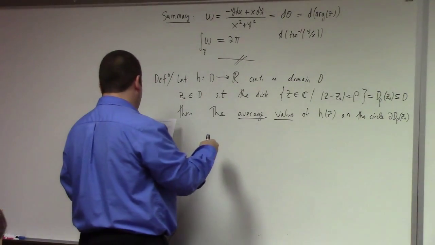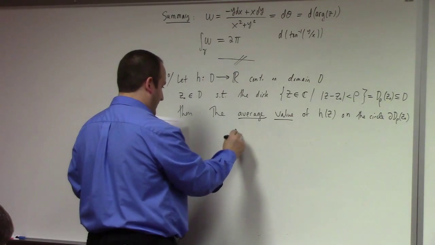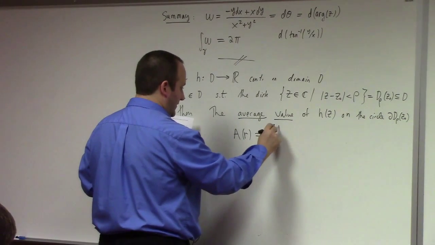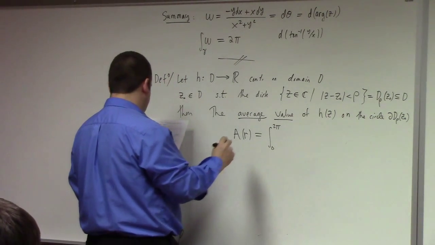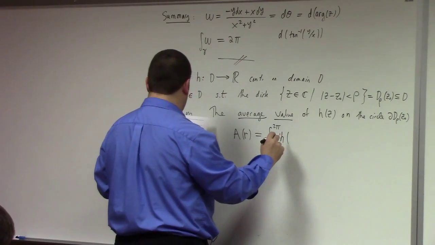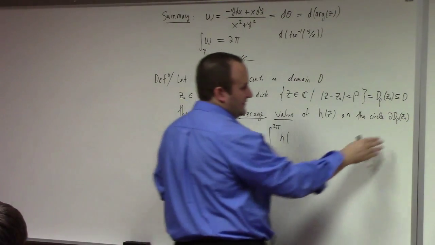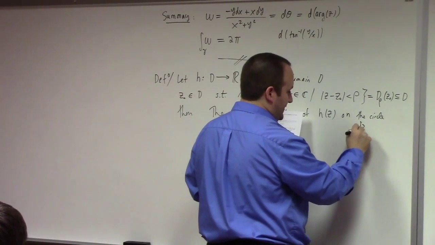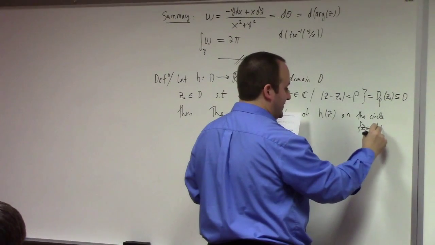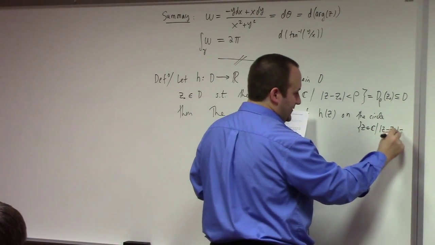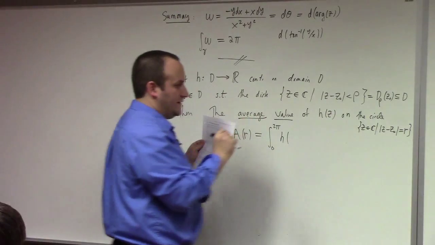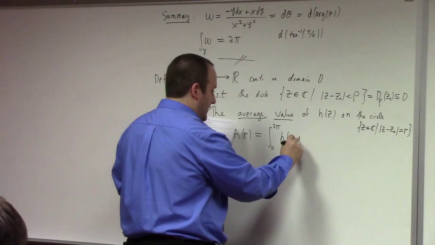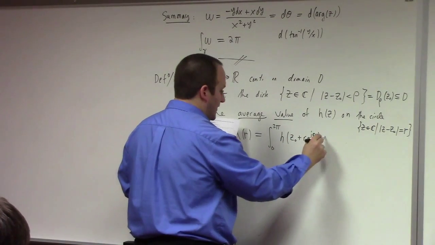So the average value on the boundary circle to that disk is given by A of r equal to the integral from 0 to 2 pi of h. Oh, I'm sorry, I messed it up. It's not for that circle. It's for an arbitrary circle. Z in C, I thought I'd save myself some writing. Obviously, I failed. The absolute value of z minus z naught equals r. So the circle of radius r, centered at z naught. So you do h of z naught plus r e to the i theta d theta over 2 pi.